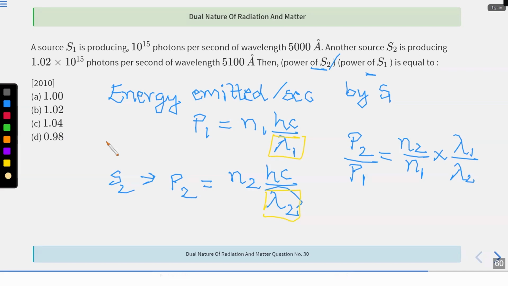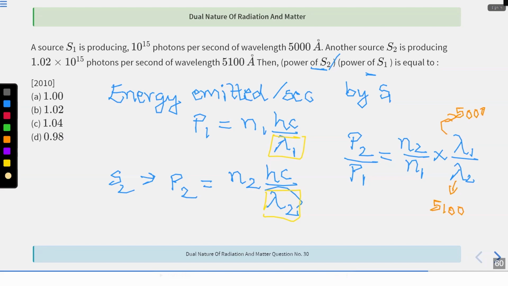So further, I'll write this as we have been given the lambda 1 and lambda 2, right? This is 5,000 and this is 5,100. And our N1 and N2 also have been given.